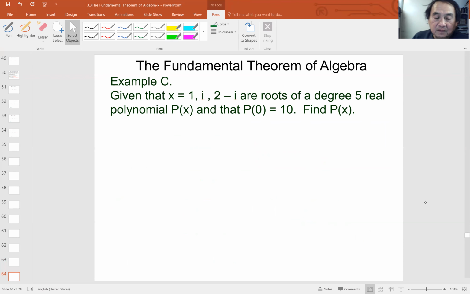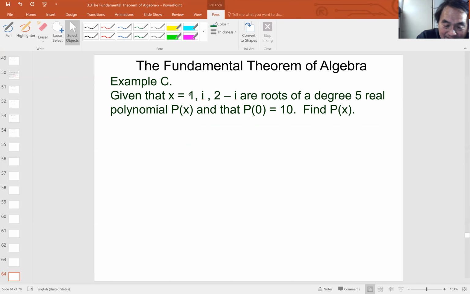Then what kind of problems will we have? Well, in the homework, one type of problem is that we make up polynomials with specified roots. Okay, here is degree 5 with root 1, i, also degree 5.